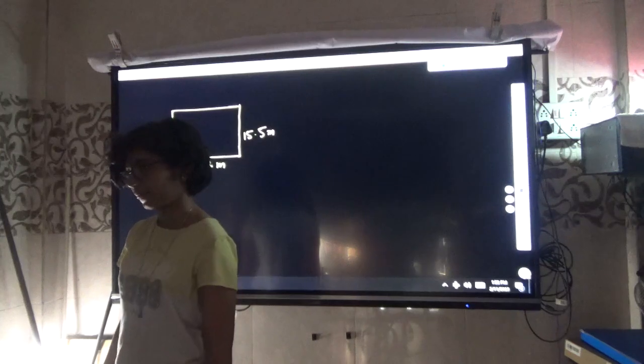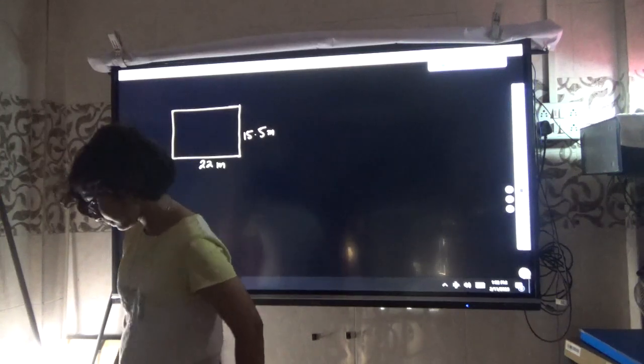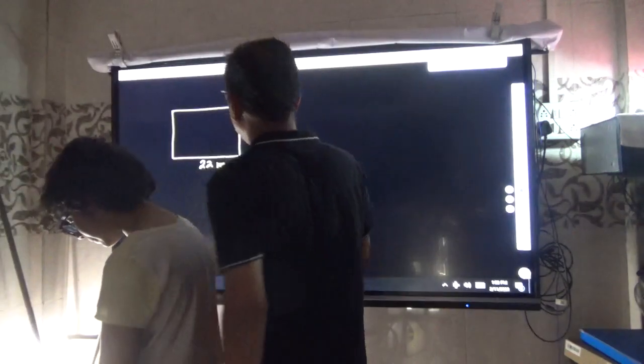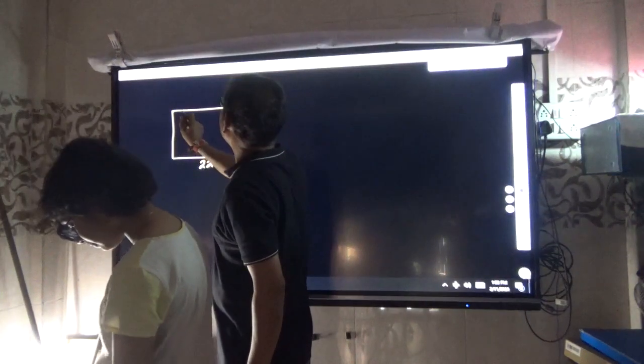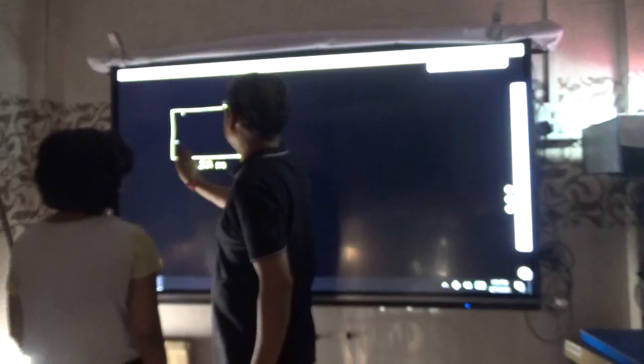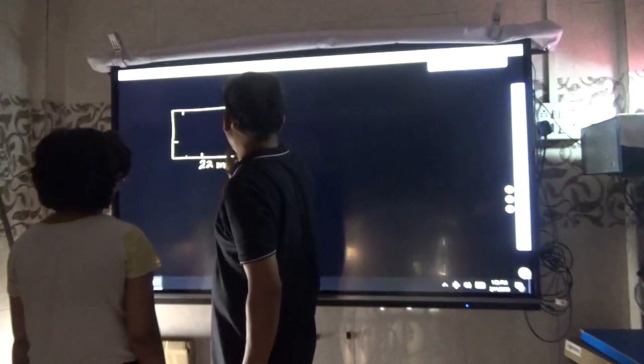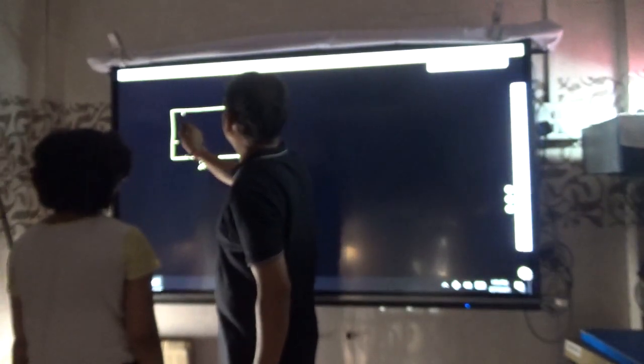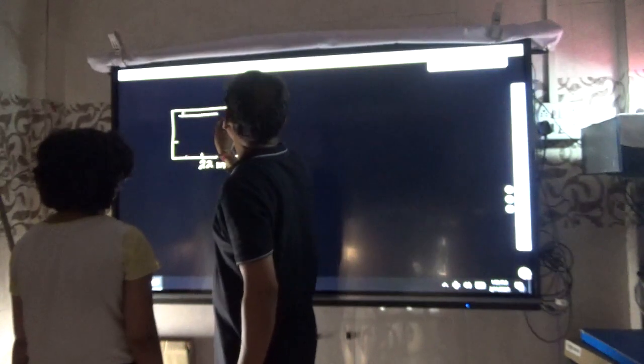Read it again. How the carpet is laid is not given. A carpet is to be laid on the floor, leaving a strip of 75 centimeter width from the walls uncovered. So it means that from the wall of this central room, you have to leave a gap of 75 centimeter, and then you have to lay a carpet, correct, like this.